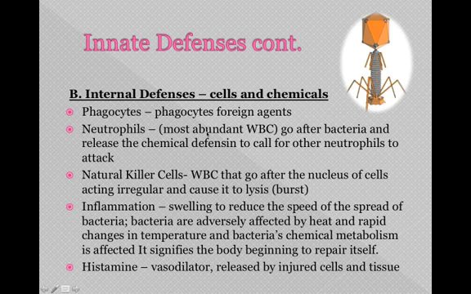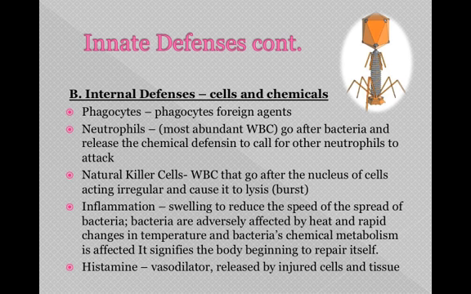Internal defenses such as cells and chemicals are also part of your innate defenses. Phagocytes, examples are macrophages. They phagocytize any foreign agent or anything in your body that doesn't have your body's identifying markers.